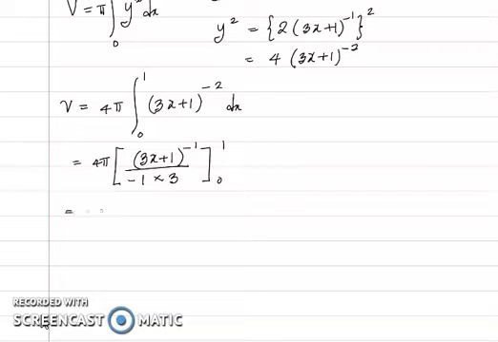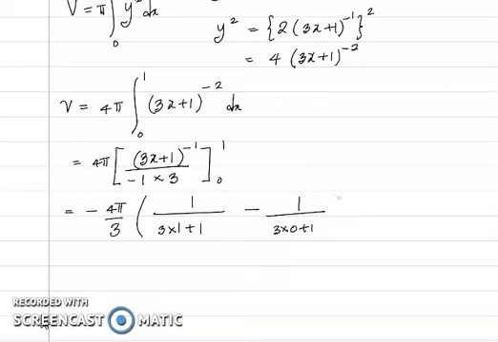So what we end up with is minus 4 pi over 3. Then inside the bracket, this is 1 over, I'm going to replace x with 1, so it's 3 times 1 plus 1, minus 1 over 3 times 0 plus 1.